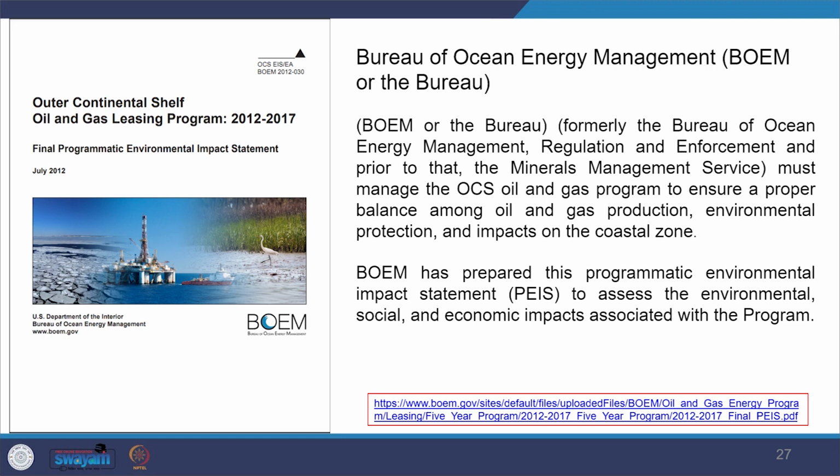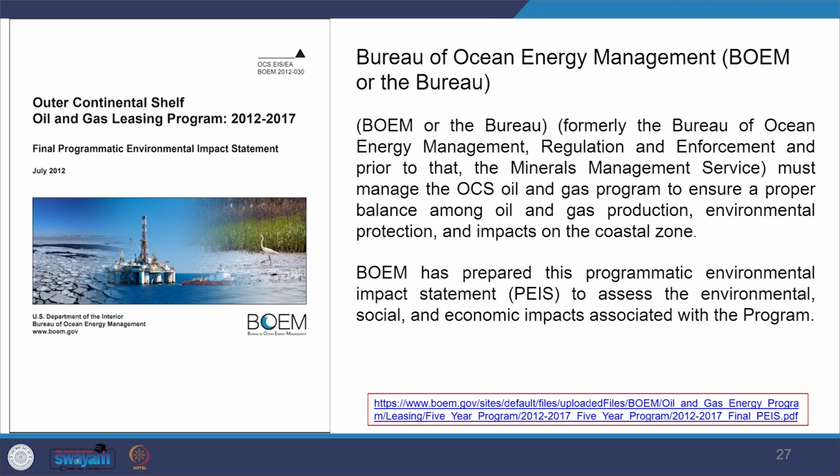It's by the Bureau of Ocean Energy Management, BOEM. We can call it the Bureau here. This Bureau is managing the oil and gas program, and it is required to ensure proper balance among oil and gas production in the area and the complete region. It is also required to ensure environmental protection and consider impacts on the coastal zone.